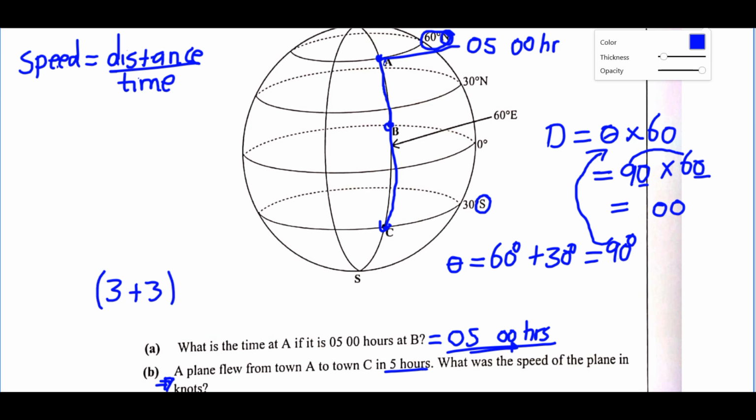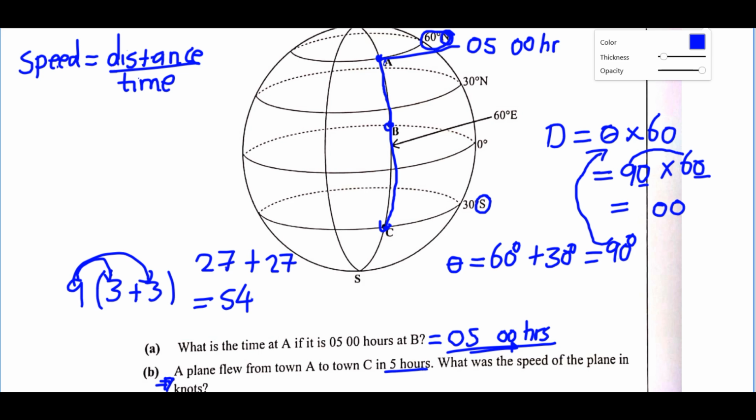Is 9 times 3 easy for you? Let's say it's easy. So 3 times 9 will give us 27, plus 3 times 9 also gives us 27. Then 27 plus 27 will give us 54.